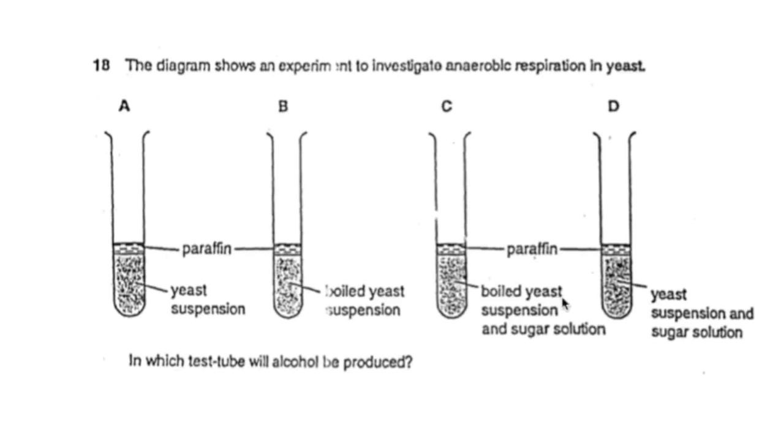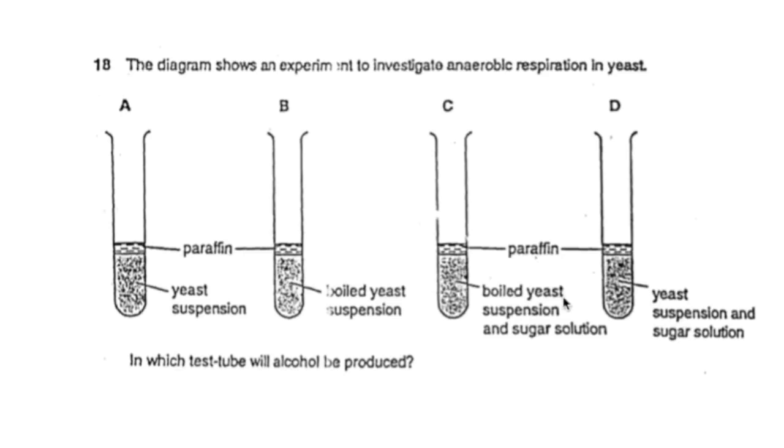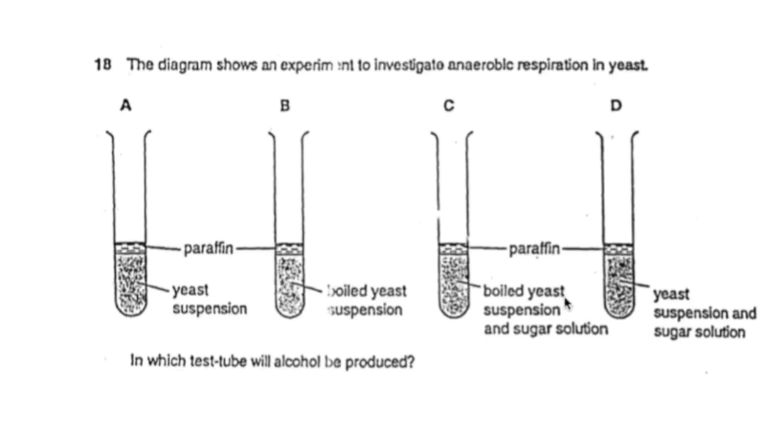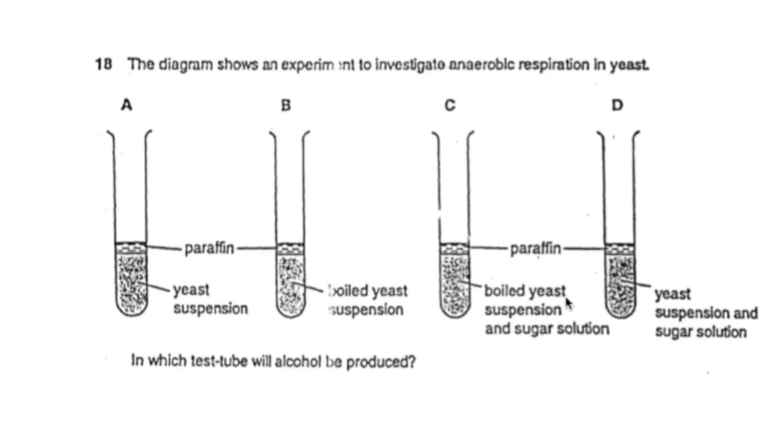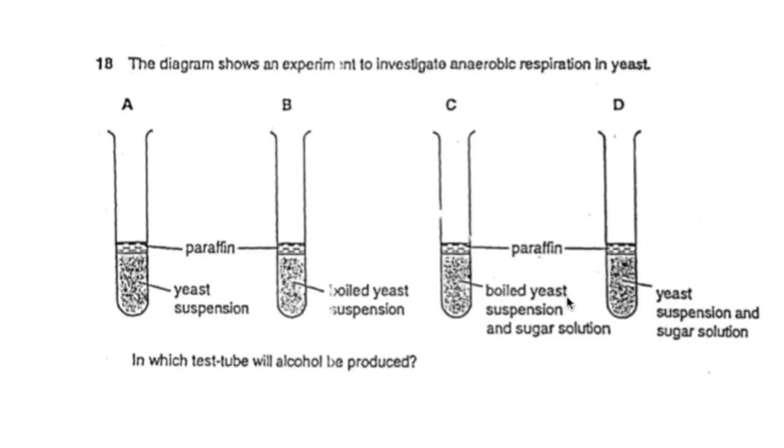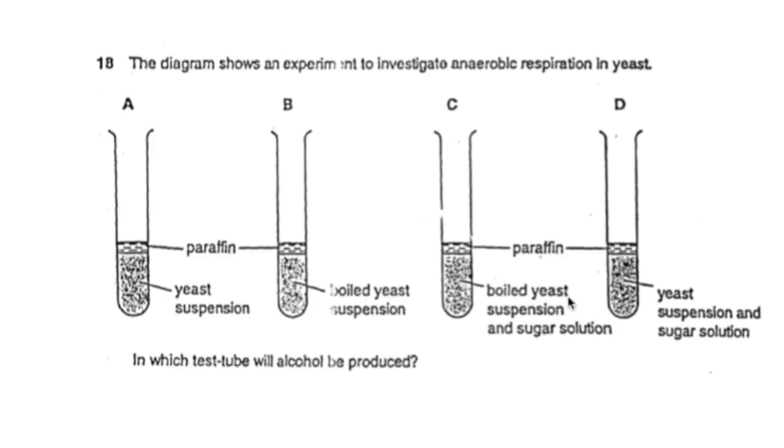Let's look at A. A only has yeast and paraffin. Paraffin is a fire, so this is a temperature, right? So this is wrong. B has boiled yeast, and when you boil yeast, the yeast becomes dead. So this will not work.